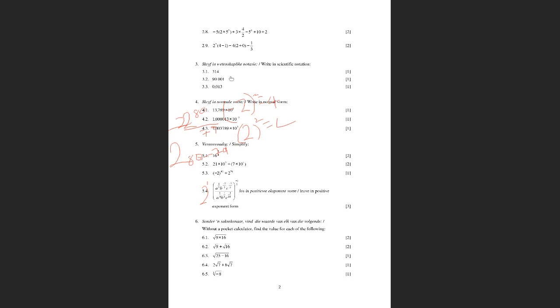So it means that negative 2 all squared is the same as positive 2 all squared. Any questions there?